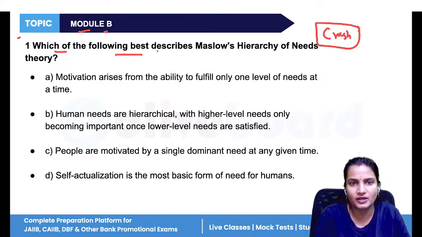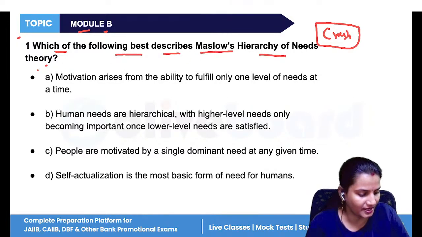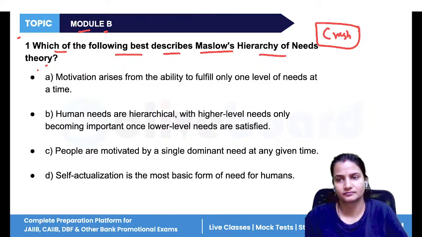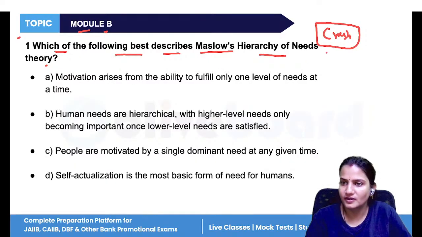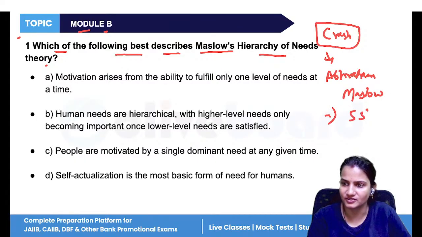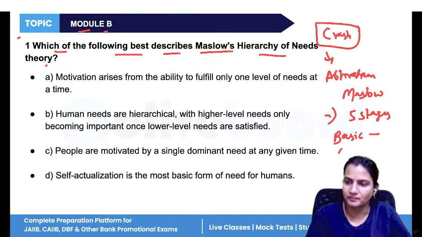Which of the following best describes Maslow's hierarchy of needs theory? Anyone? Those who know the answer? Maslow's hierarchy of needs theory was given by whom? That is Abraham Maslow. Abraham Maslow gave this theory in 5 stages, starting from basic to complex.